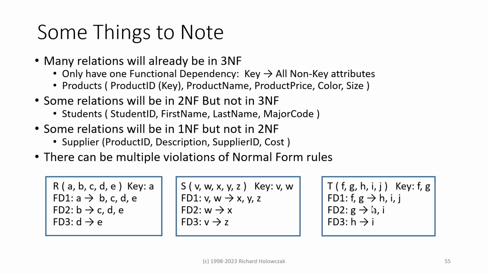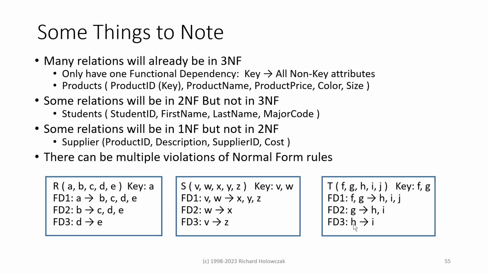Okay, and then let's look at relation T. Composite key, FG, determining H, I, and J. G by itself determines HI, and H determines I. Here we have a combination. This is like the whole thing all put together here. G by itself gives us a partial key dependency. So FD2 is a partial key dependency.